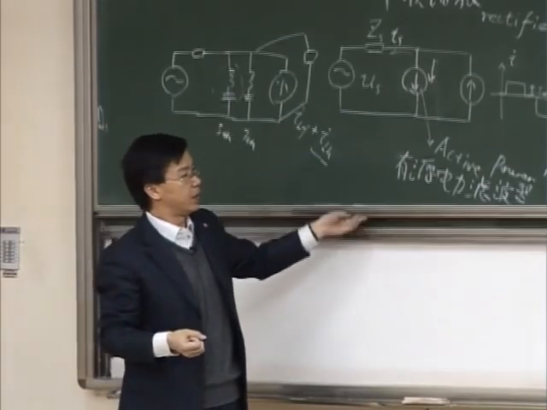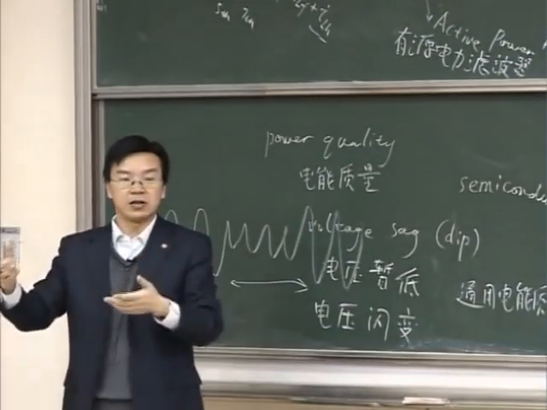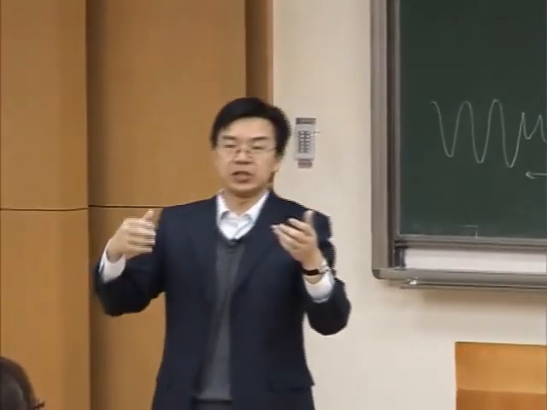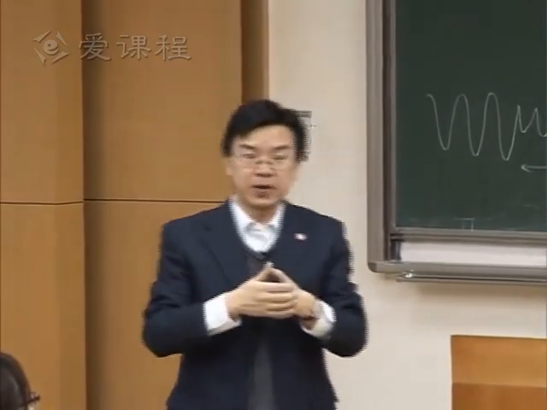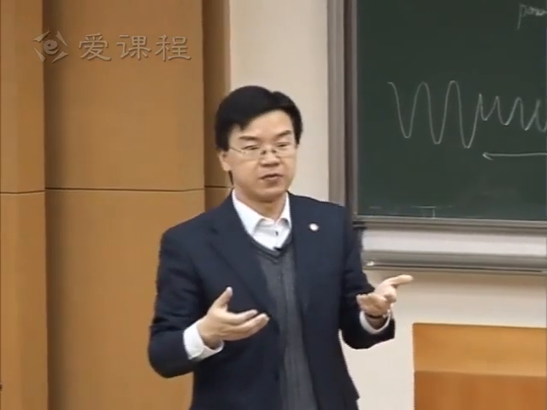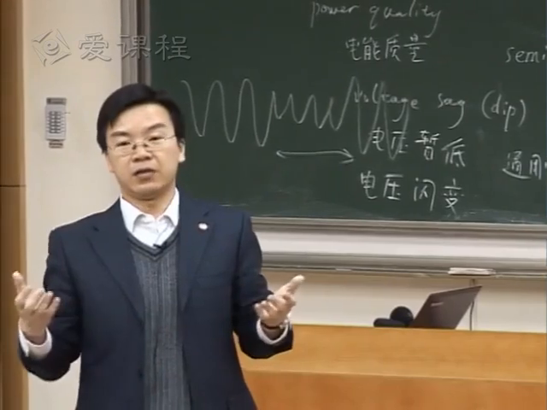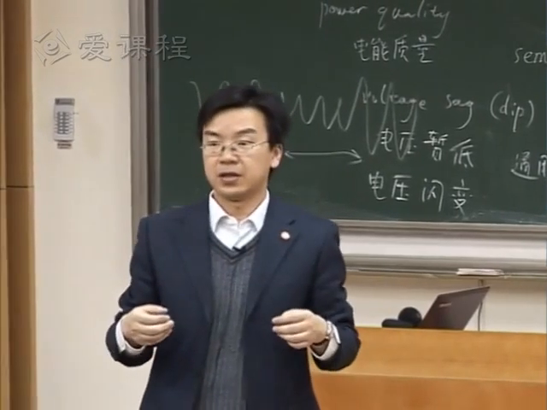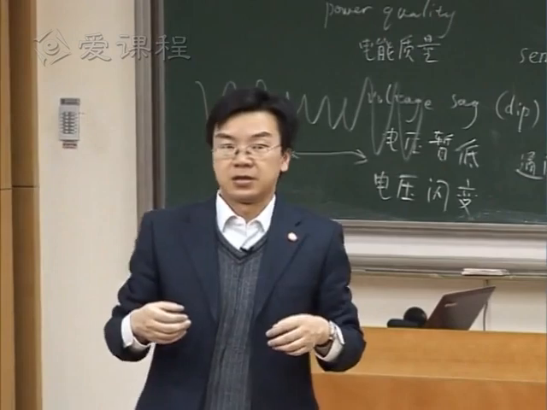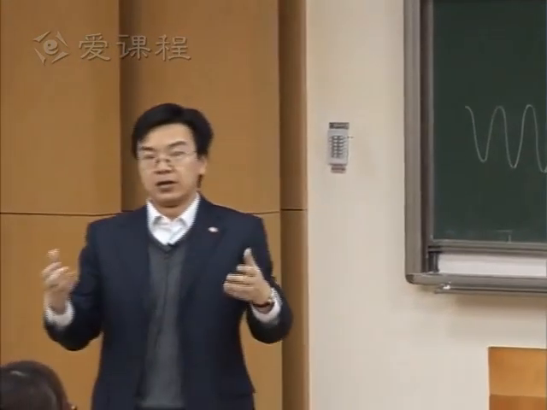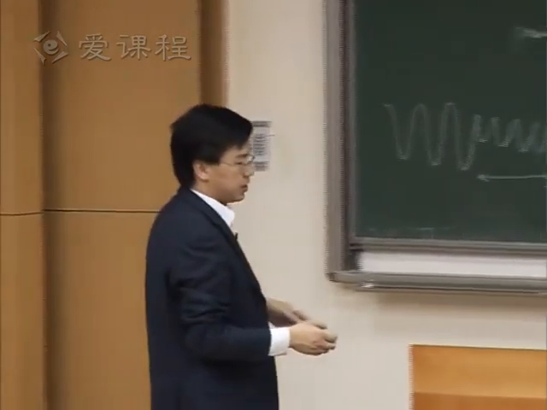We can also generate reactive power. With a power converter, we can generate reactive power, and that reactive power can be either inductive or capacitive. Any kind of reactive power you want. These are the two major reasons why power electronics can be very widely used in a utility system.